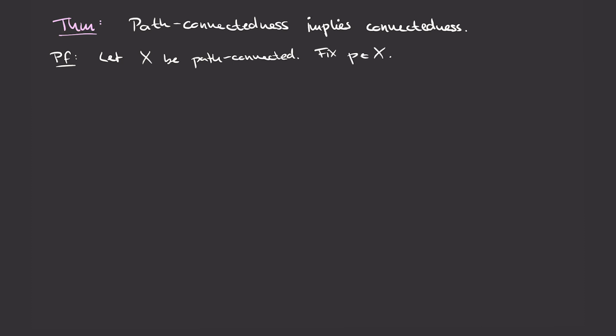Now, since X is path connected, we have for any small x in X, there exists some path gamma x going from P to x.